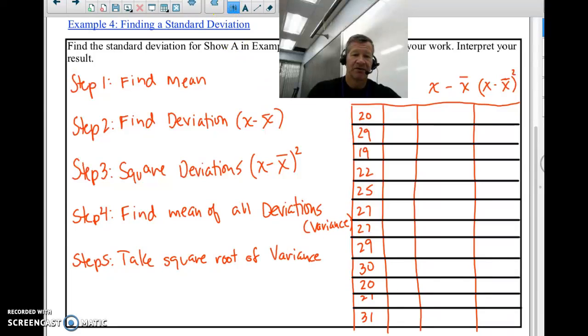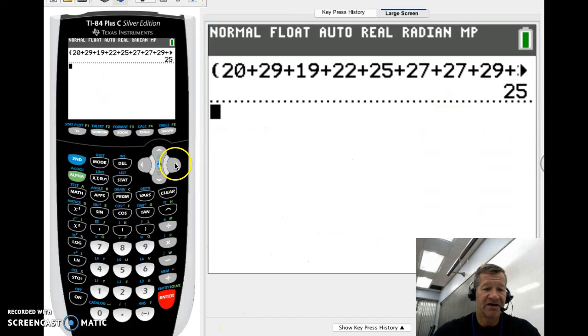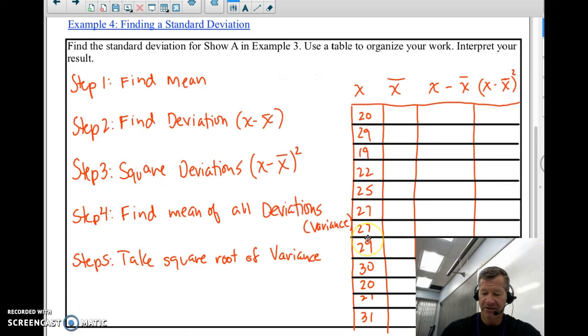I'm going to pause and do it on my calculator to reduce the time of the video. Here I've added up all the data from the table, 20, 29, 19, 22, and so on. I divided that all by 12, and it gave me a mean of 25. So coming back here, I have now found that my mean is 25.